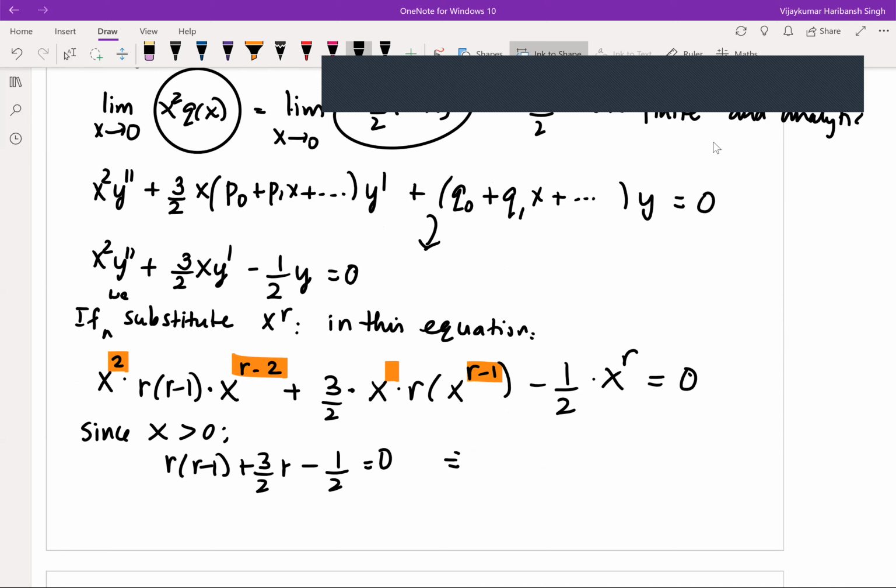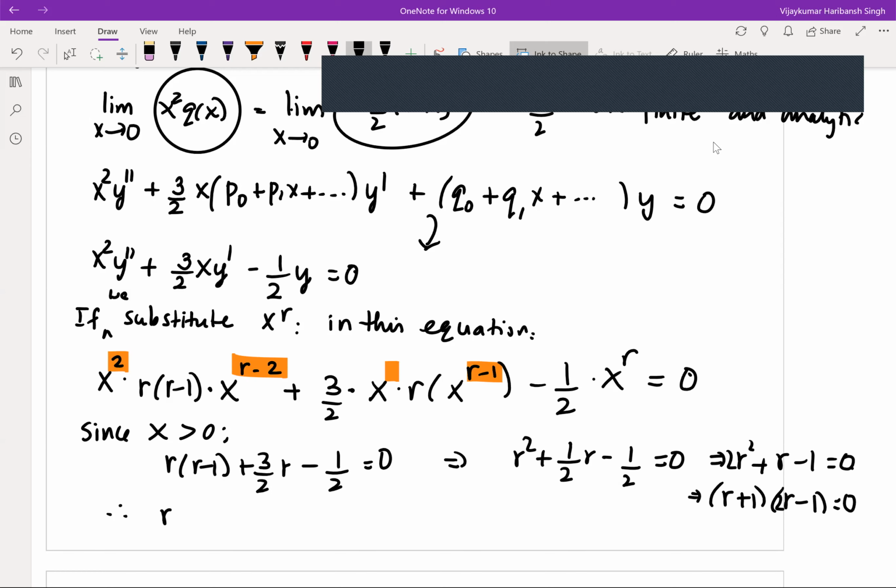And this gives me r square plus half r minus half equals to 0, and this in particular implies 2r square plus r minus 1 equals to 0, and when I factorize it, I get r plus 1 times 2r minus 1 equals to 0.